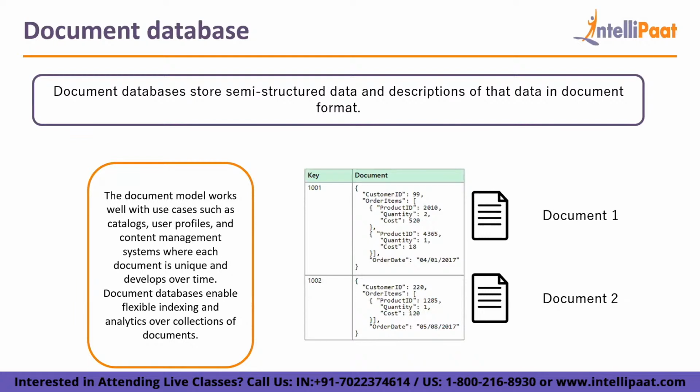So the data that you get from various sources is completely unstructured, not properly structured. When you get the data like that, you can convert that data into documents, and inside MongoDB, you can store those unstructured documents as collections.